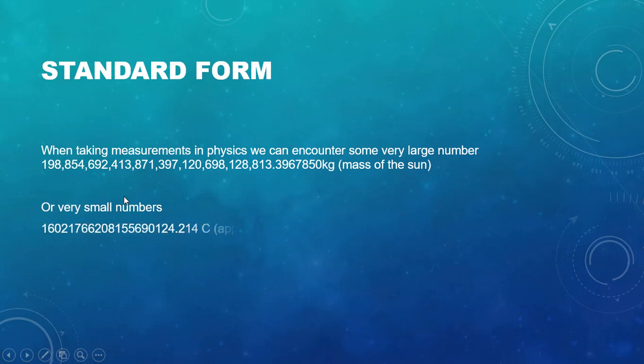Or we can have very small numbers. For example, this number here, which is the approximate charge on the electron. Now, we realize that these numbers are very large to call, and it is also very difficult for us to write these numbers and use them in calculations.